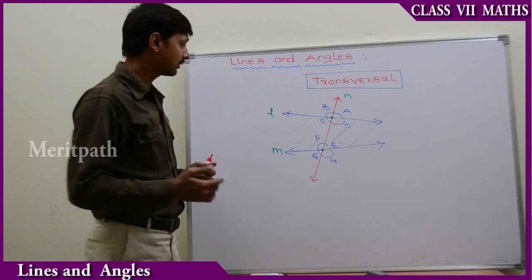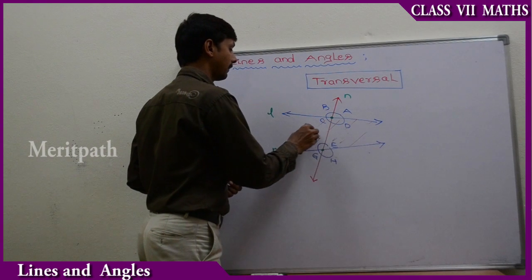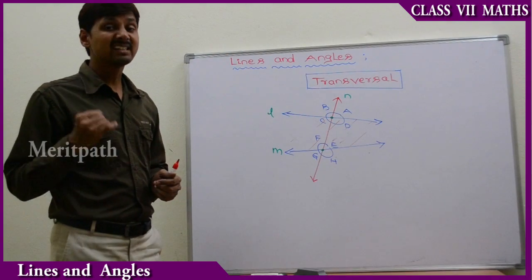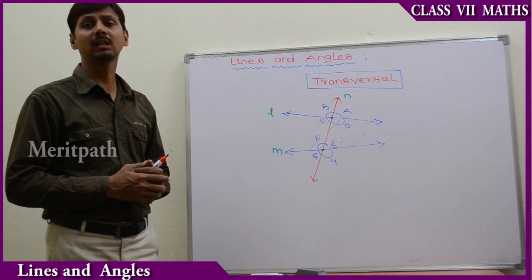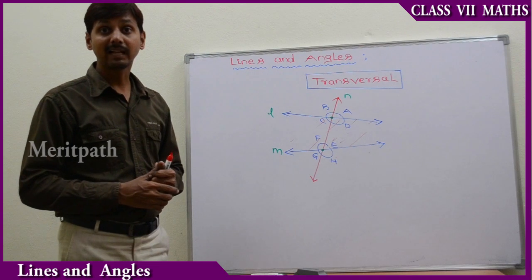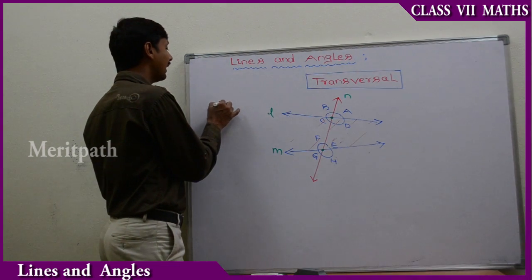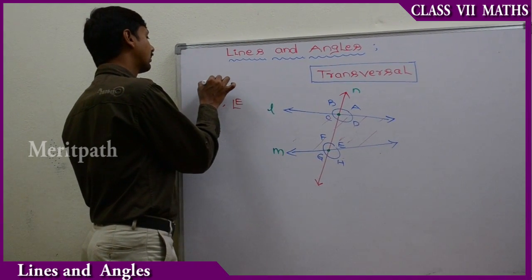Let's discuss some more angles. Two other angles are formed, where one is interior and another is exterior, at the same side of the transversal, and we call them corresponding angles. For example, angle A and angle E are corresponding angles.